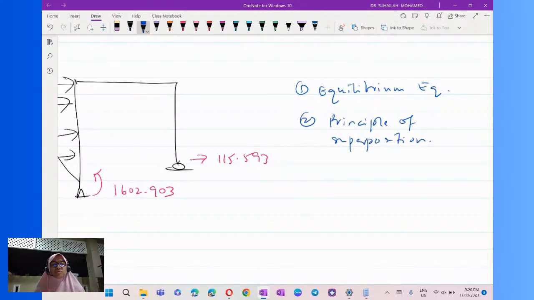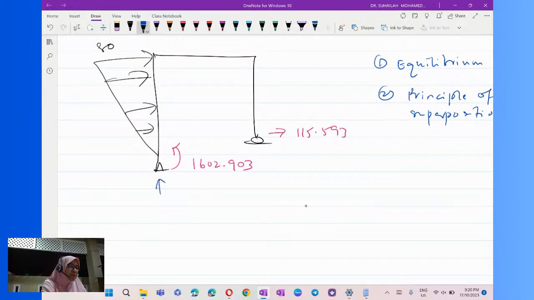Okay, I want to show you how we are going to calculate the remaining reactions using the principle of superposition. Always refer back to the general equation. So we want AY, AX, and DY.